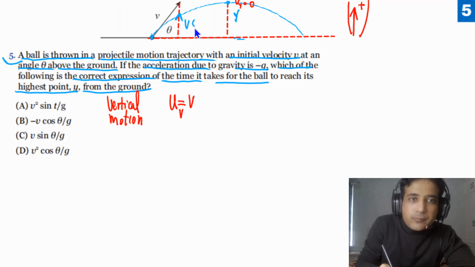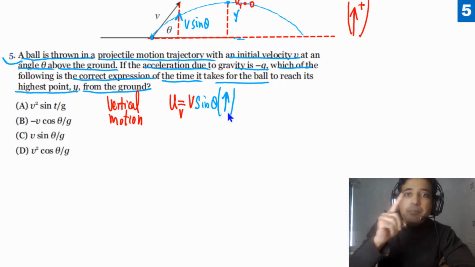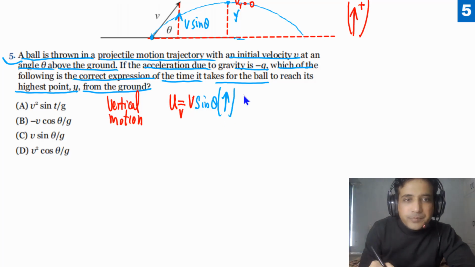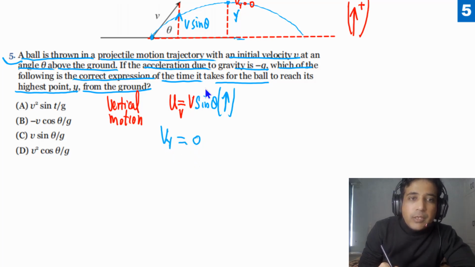So we can say in this case uy is equal to v sine theta, and this one is positive because we are taking up as positive. Now we need to find the expression for time, and the final velocity in this case is 0. So Vy is equal to 0. We also have a is equal to minus g.